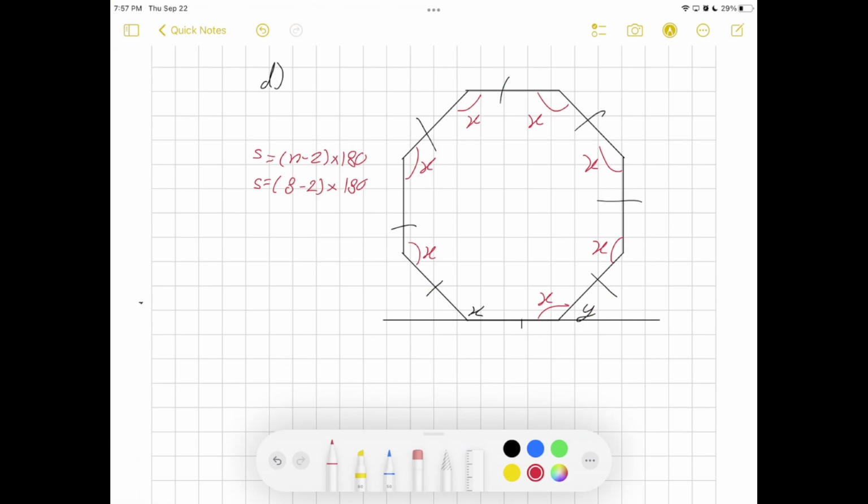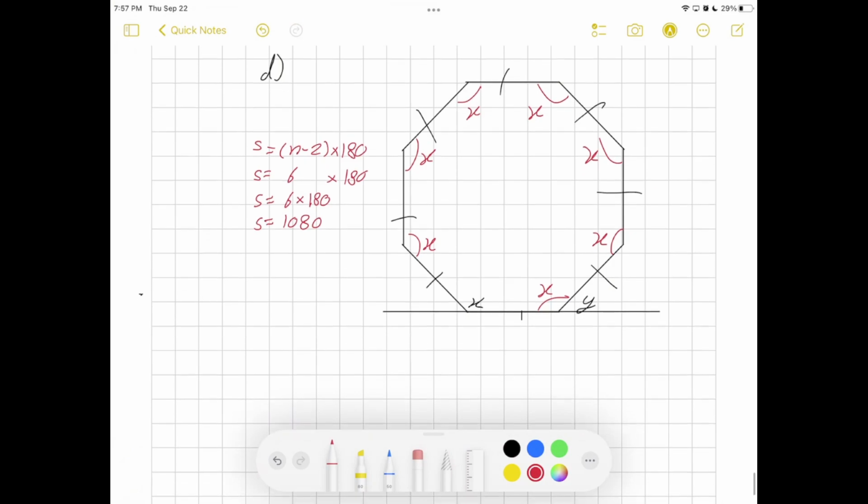Now, we know that 8 minus 2 is 6, and 6 times 180 is equal to 1080. So that's the sum of all angles in an octagon.